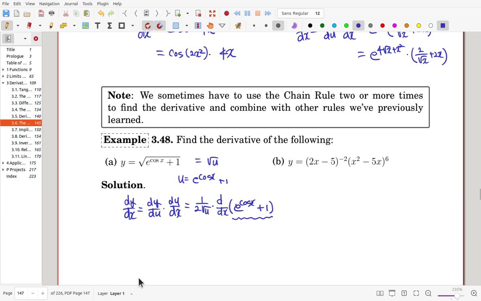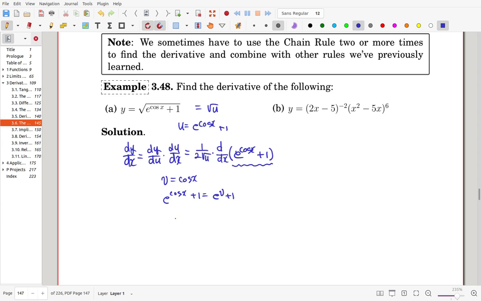In this case, we use a v variable. If v equals cosine x, then e to the cosine x plus 1 will be e to the v plus 1.